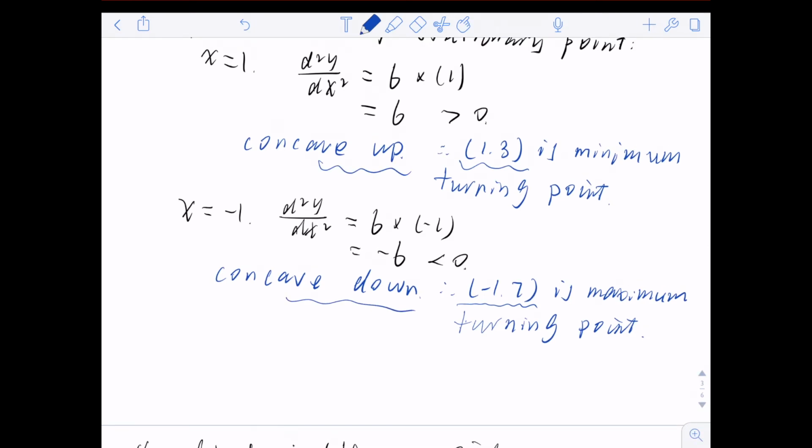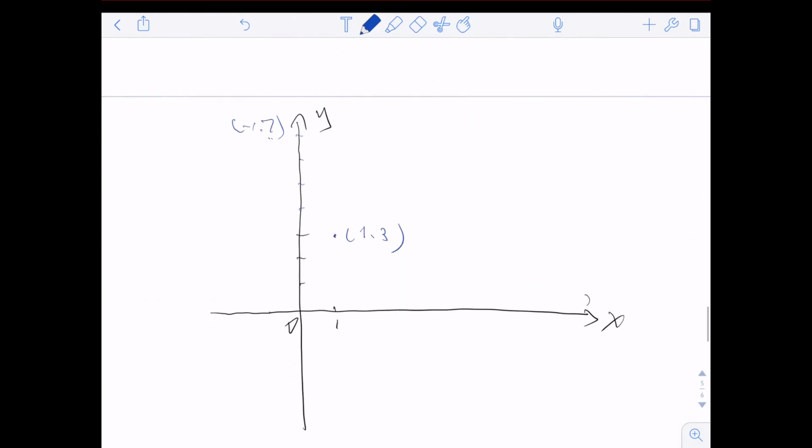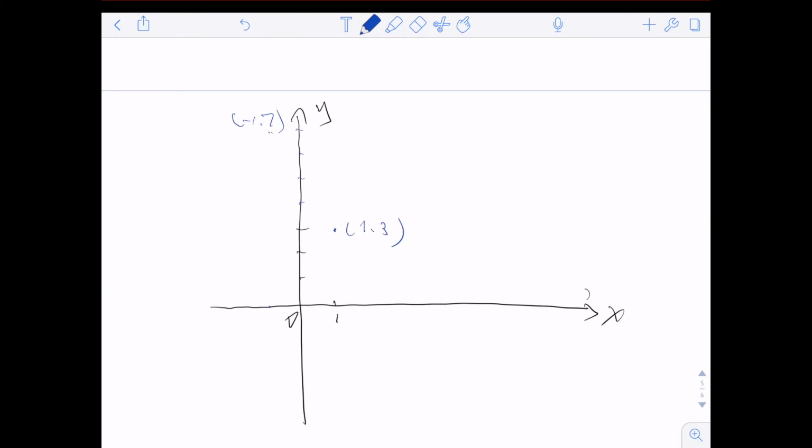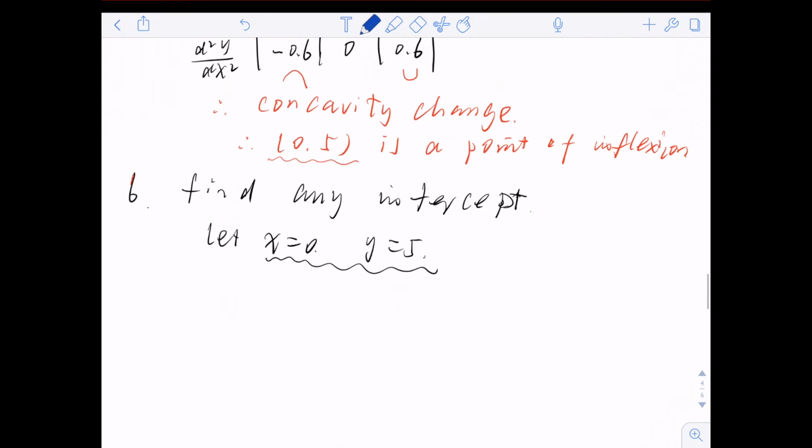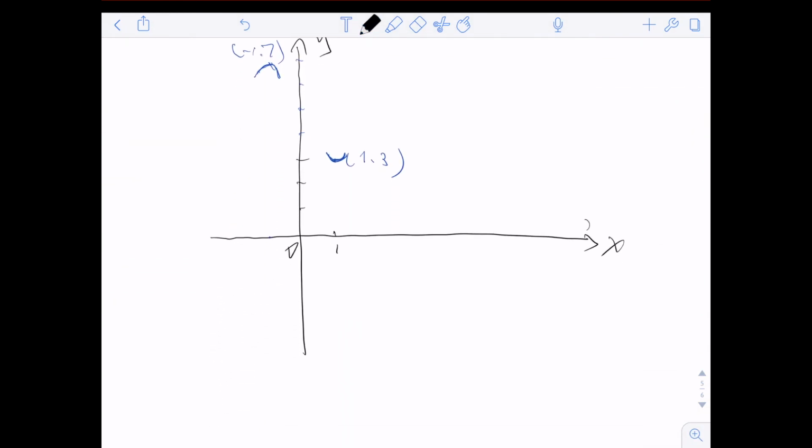So I'm going to label all these things on my graph. This is concave up here, and here is concave down. It really shapes up as a maximum and a minimum. And also, don't forget I have the y-intercept at 5 here. 1, 2, 3, 4, 5.